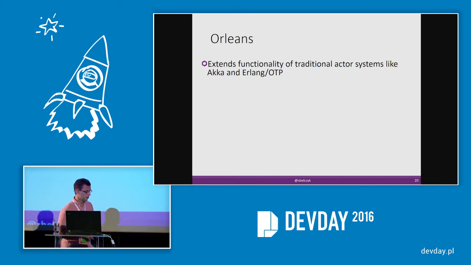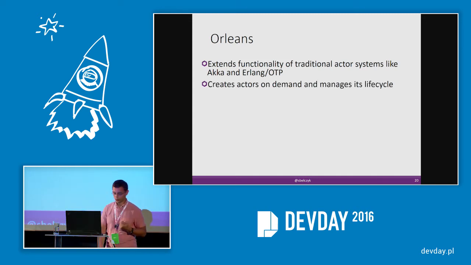It has a very simple yet powerful persistence system. It's something similar to Akka persistence. It works in a bit different way, but provides the same facilities. So if your actors are stateful, you can persist their state. So even if the node shuts down and starts again, you can read the state.